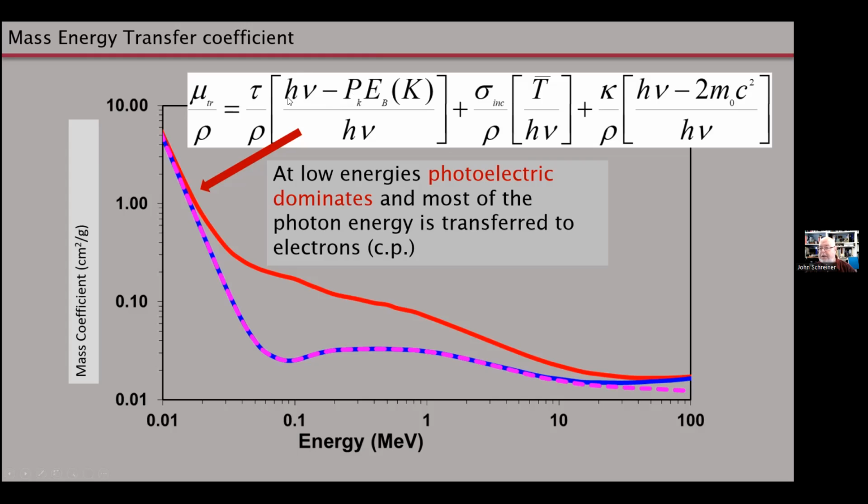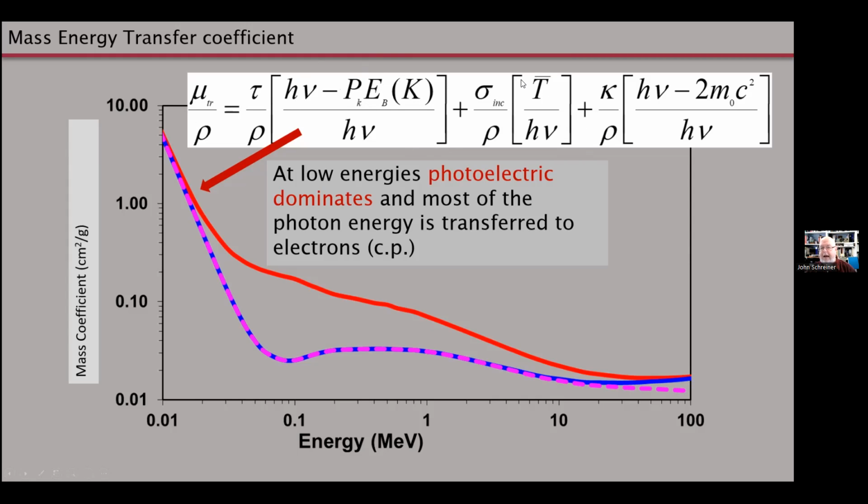Remember, E equals hν is the energy of the photon beam, where we have Planck's constant and the frequency. And so the energy of the photon beam minus, in the photoelectric effect, I have to overcome the binding energy of the electron that I'm ejecting.